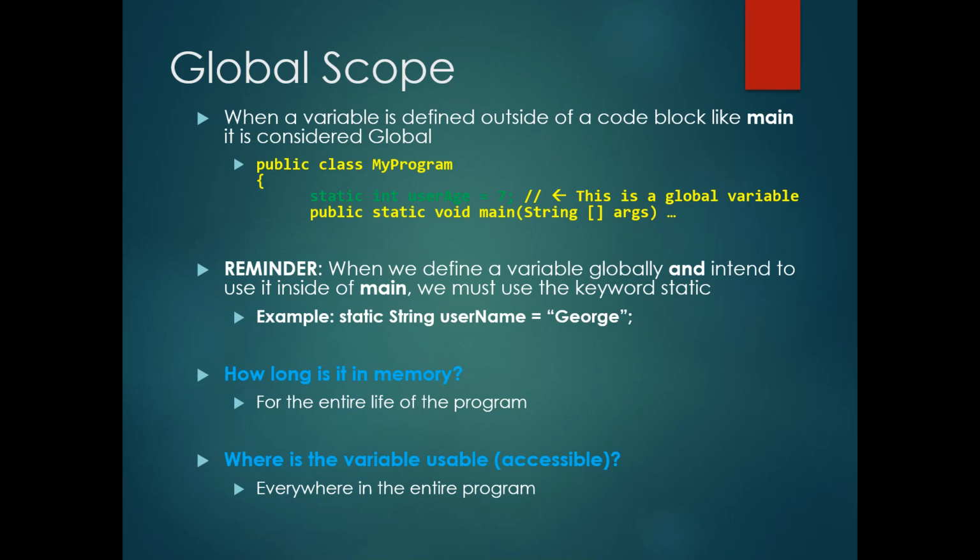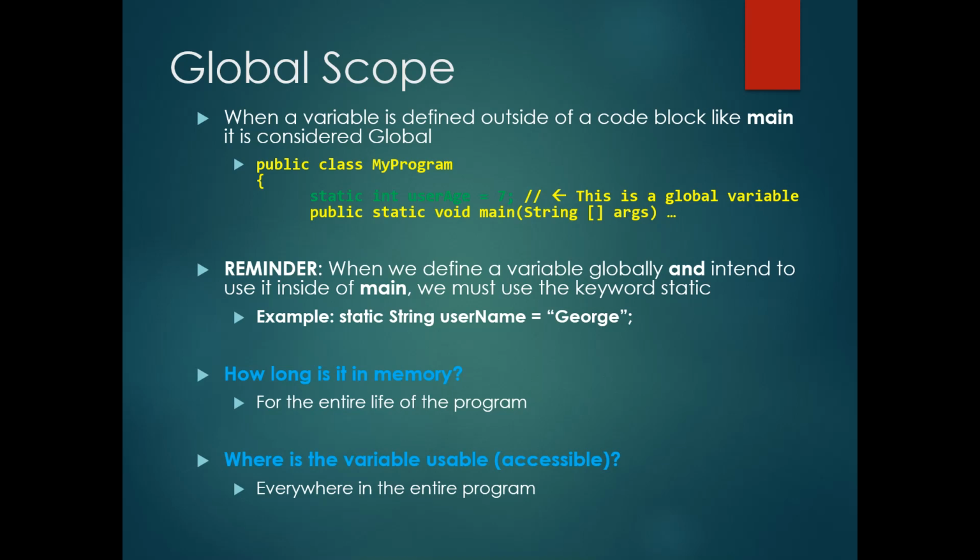The easiest way to know where a variable is accessible from is the opening and closing squiggly brackets that it's defined in. So this global variable is defined in the largest set of braces, squiggly brackets, in the entire program. It surrounds the entire program. So that means that variable is accessible everywhere within those brackets.